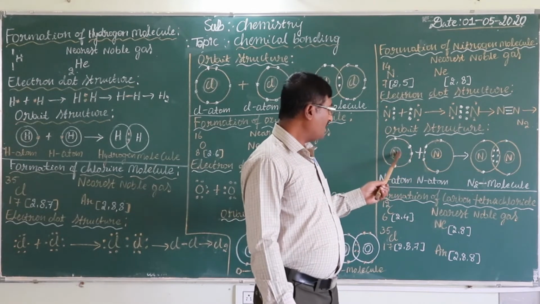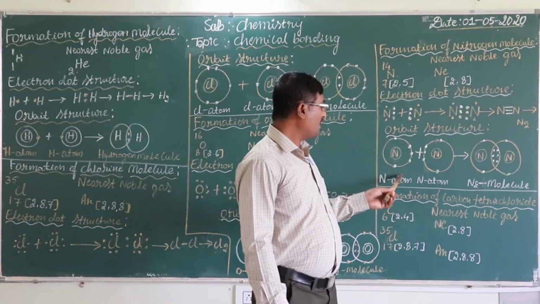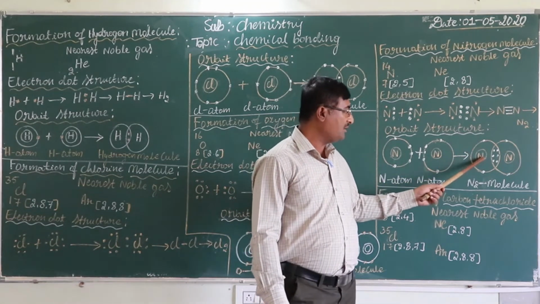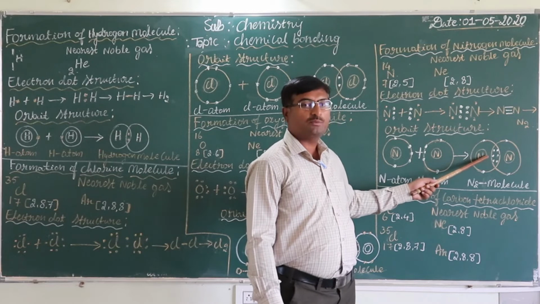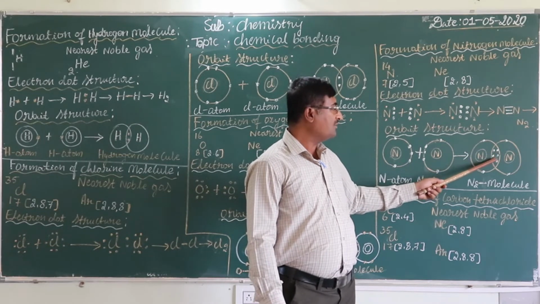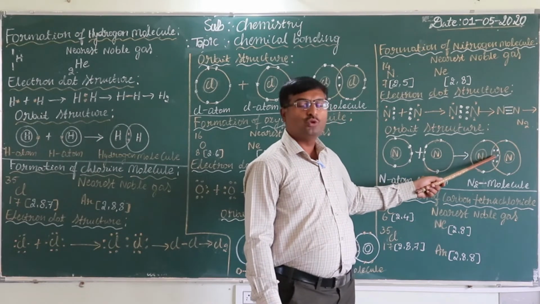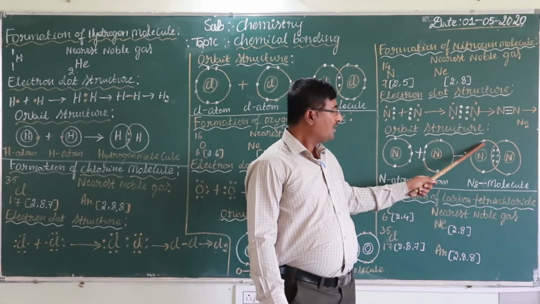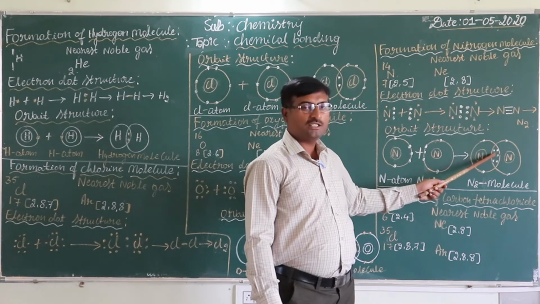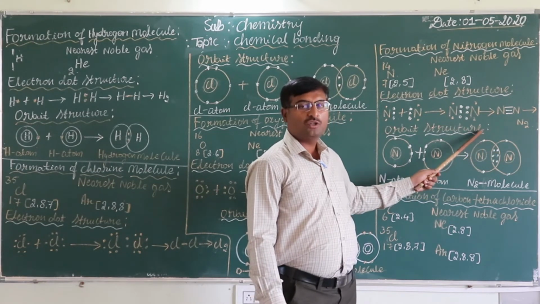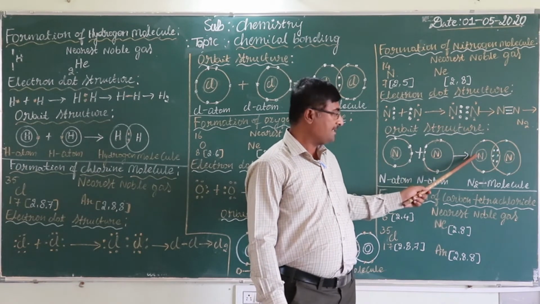This is nitrogen atoms before combination. After the combination, overlapping of the 2 nitrogen atoms will take place like this. 3 pairs of electrons will be shared between the 2 nitrogen atoms. Now what will this nitrogen atom think? These 3 pairs of electrons belong to it, so totally it will get 8 electrons.